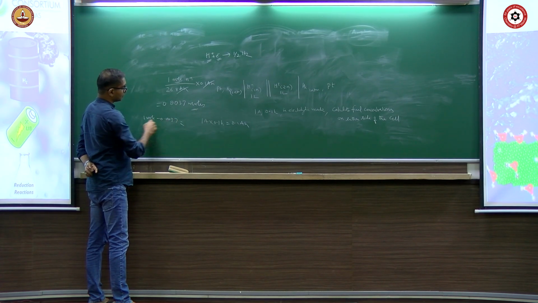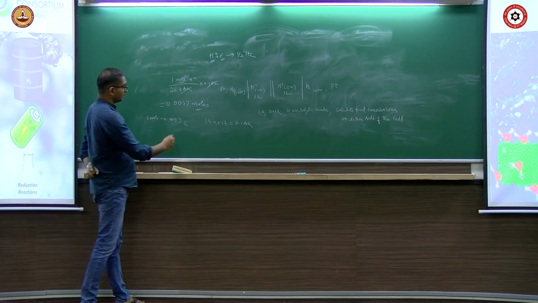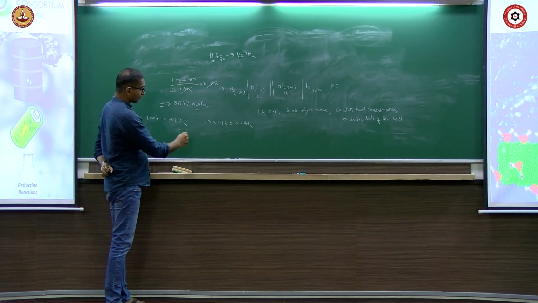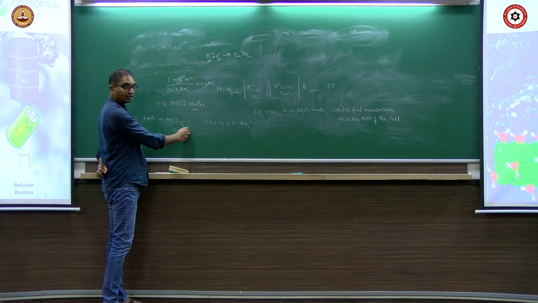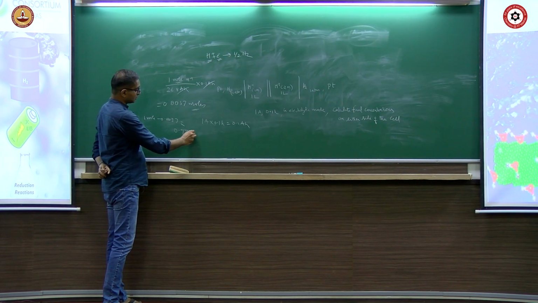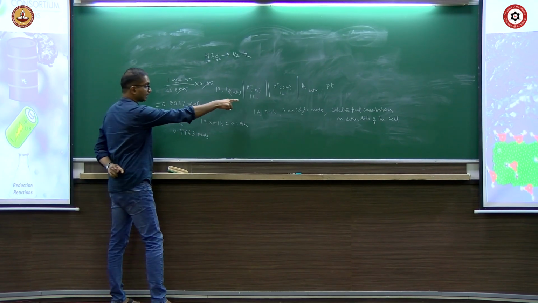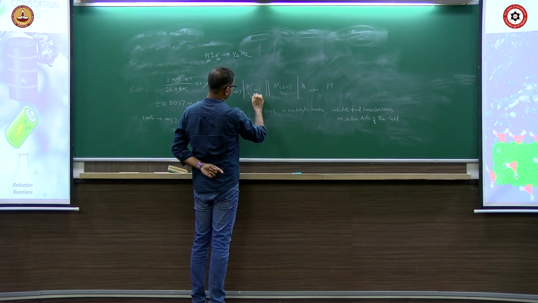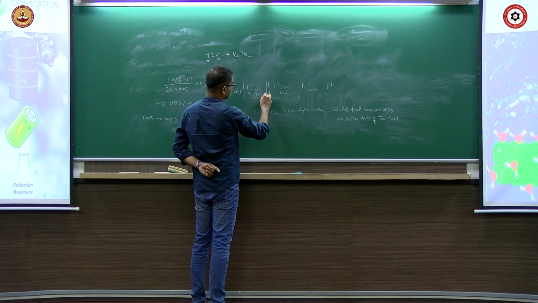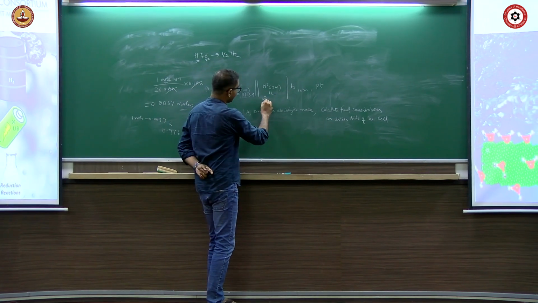How much is this number? 0.9963. This many moles are present in 1 liter. That means the concentration would have become 0.9963 molar, correct?